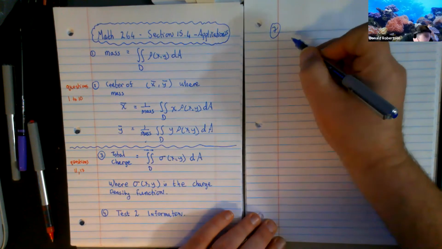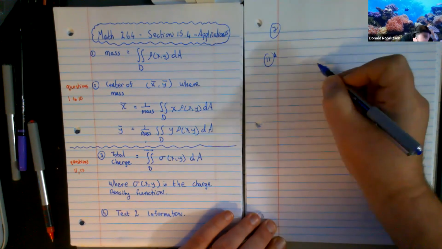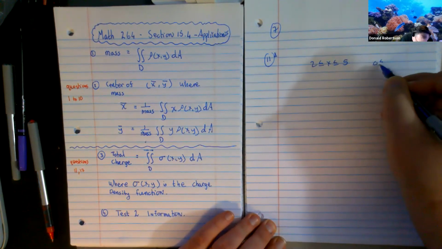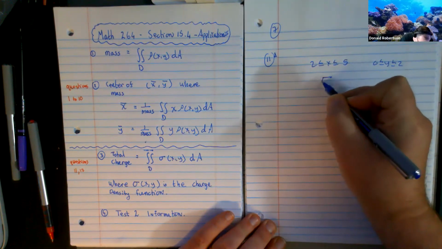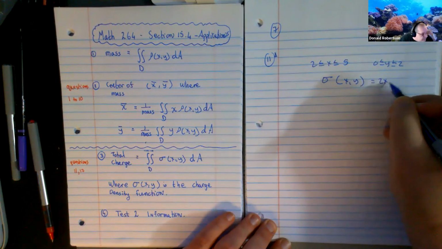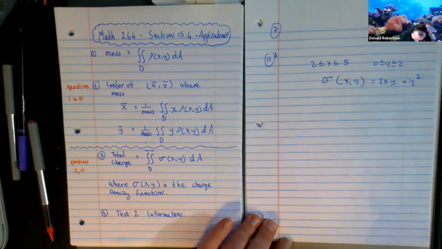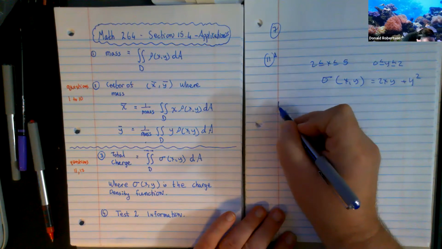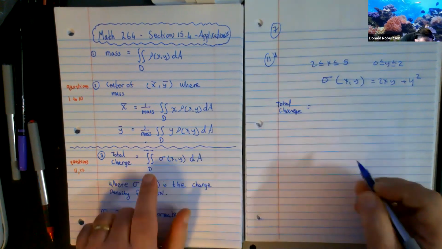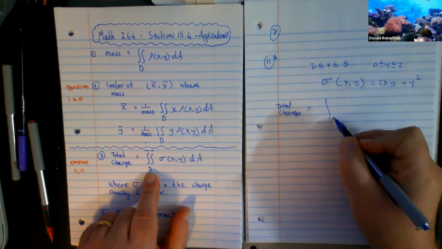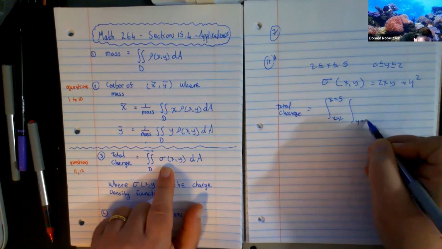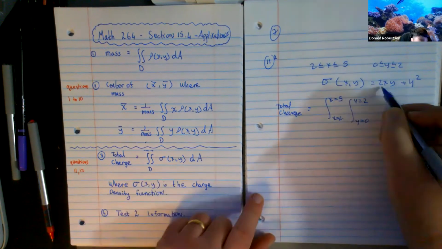So in question 11, the region is made up from this shape, and the charge density function, as they call it, is this. So if you want to find the total charge, won't you do the integral from x equals 2 to x equals 5, the integral from y equals 0 to y equals 2 of the density function?